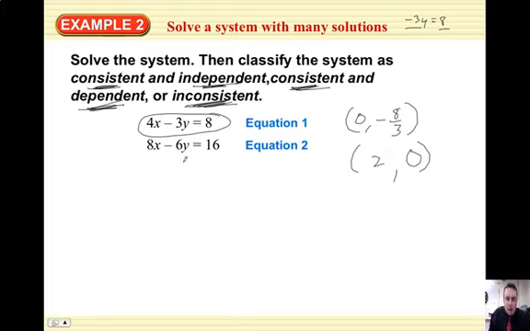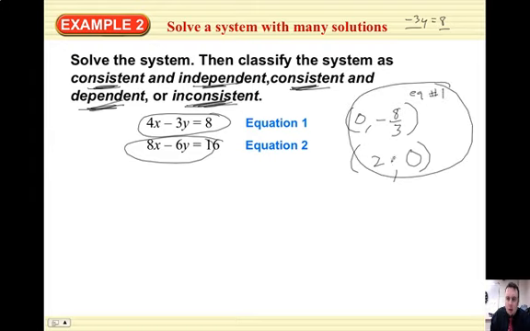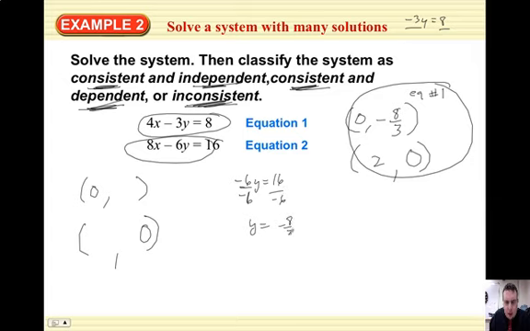Okay, now I'm going to do this one. So that's equation number 1. Get 2 coordinates. Put in 0 for x, get a y. Put in 0 for y, get an x. 0 for x, scratch that off. Negative 6y equals 16, divided by negative 6. y is equal to, simplify that, negative 8/3.